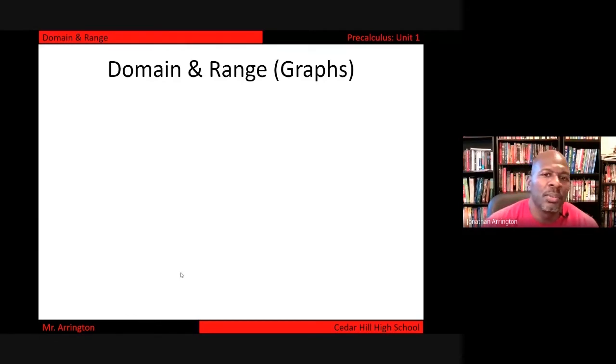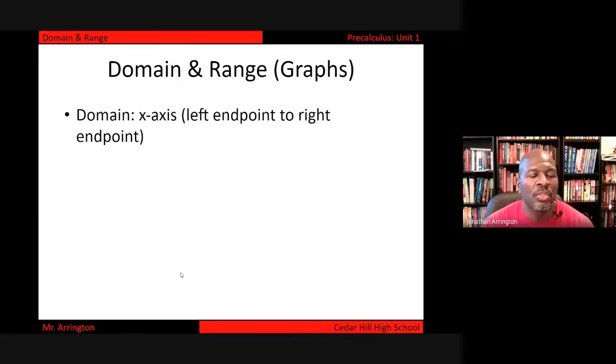Okay, the last thing we're going to do is look at range of functions. So this says domain and range. It's the same presentation that was used for domain, except in this case, we're going to be looking at all the range of the functions. So again, as I said before, we know for domain, we're looking at the x-axis, left endpoint to right endpoint.